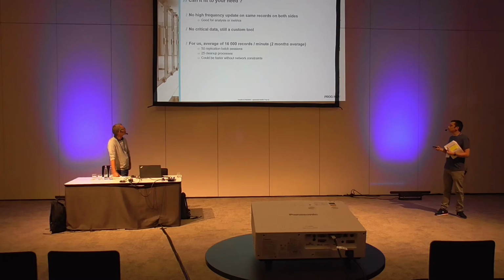If you want some numbers, in the last 2 months, we measured an average of 16,000 records per minute with 50 replication batch sessions and 25 cleanup processes. It's just an average, not the peak rate of replication.